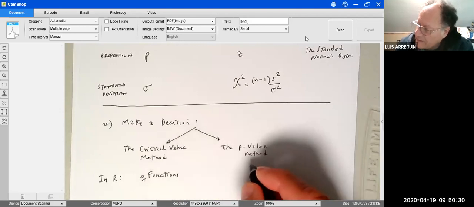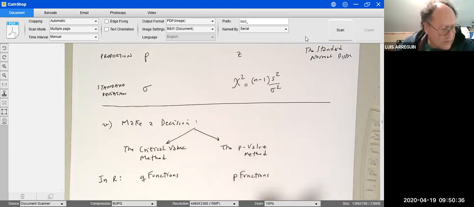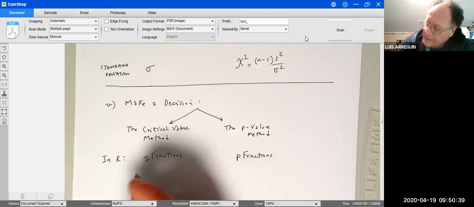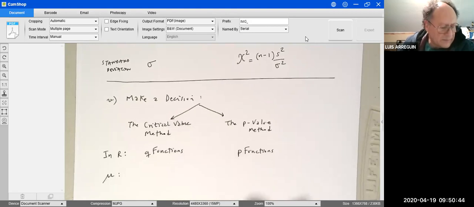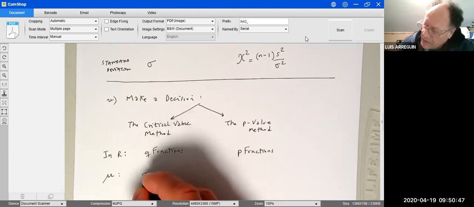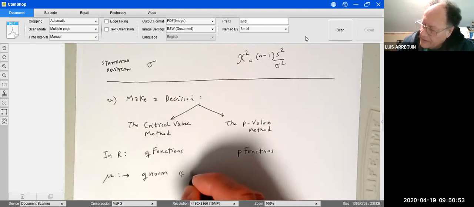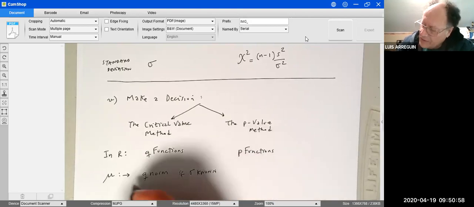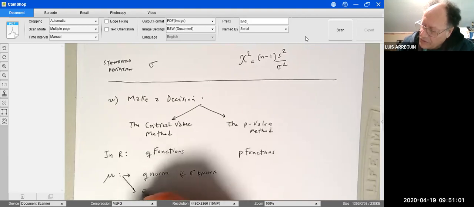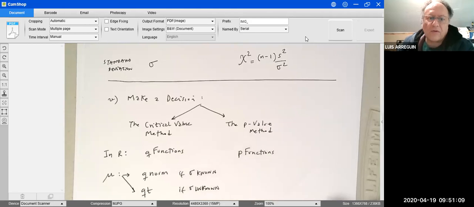and for p-values, we're going to use p functions. So, for example, if we're working with the mean, we're going to use qnorm if sigma, the standard deviation of the population, is known, or we're going to use qt if sigma is not known.